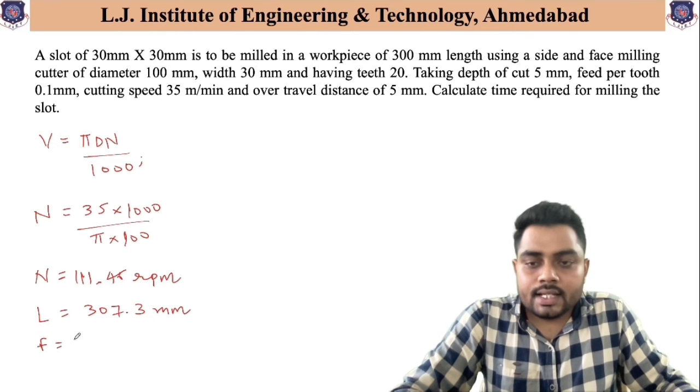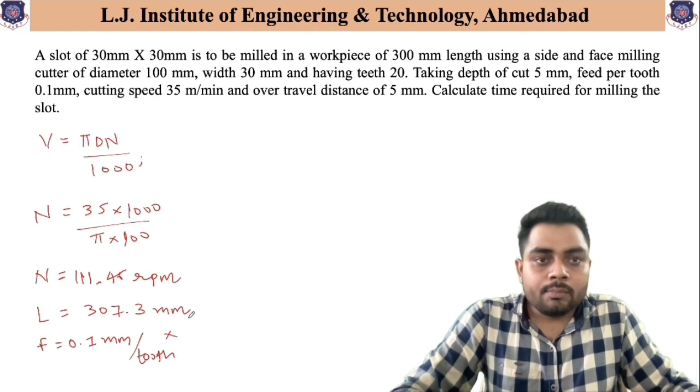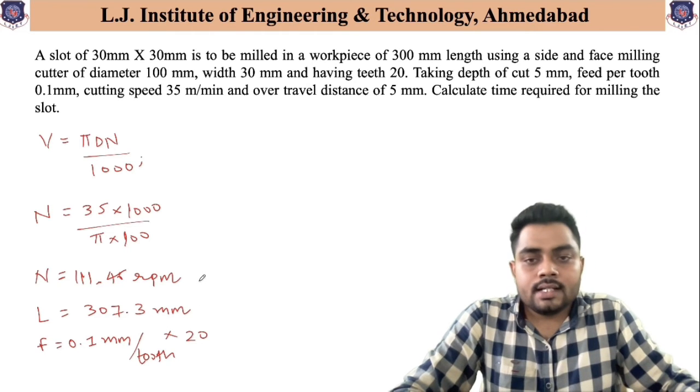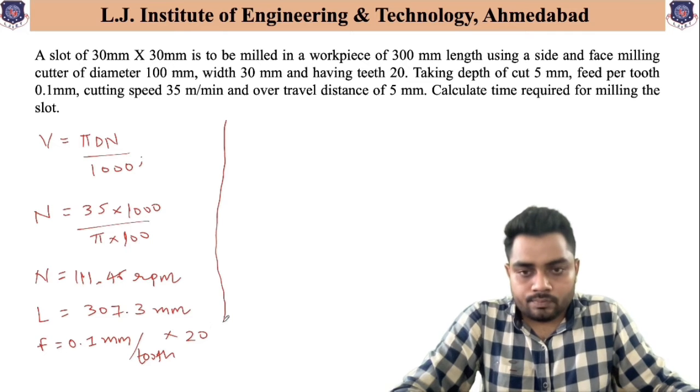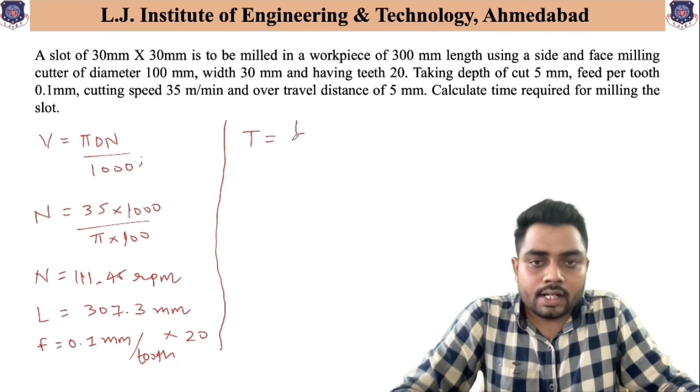Now we have the value of L, 307.3 mm, that we already found, the feed given is 0.1 mm per tooth, and the number of teeth given is 20. Using all these values, we find the machining time required, L divided by Fn.